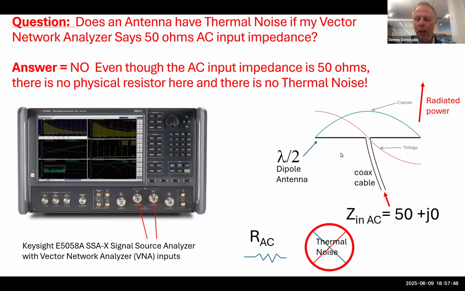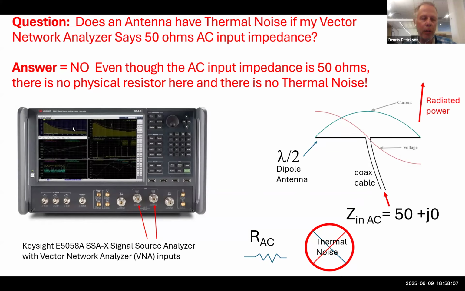So a common AC resistance that you might encounter is an antenna, which is a half-wave dipole. This is just a wire right here, and it has a length of 1/2 wavelength at a particular frequency. And we can use an instrument called a vector network analyzer.